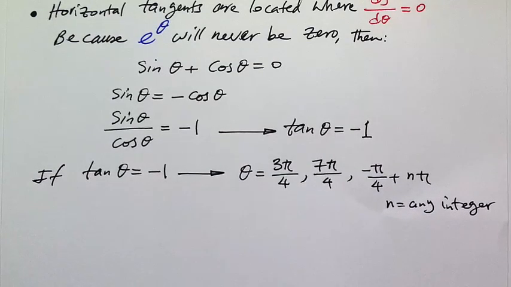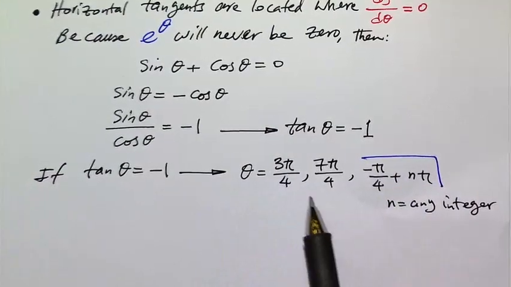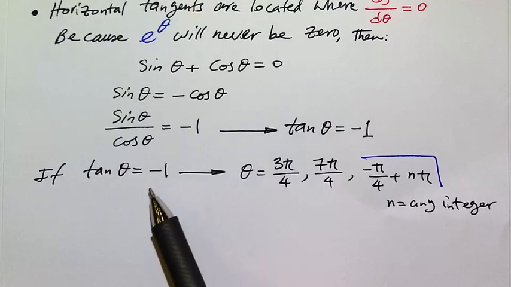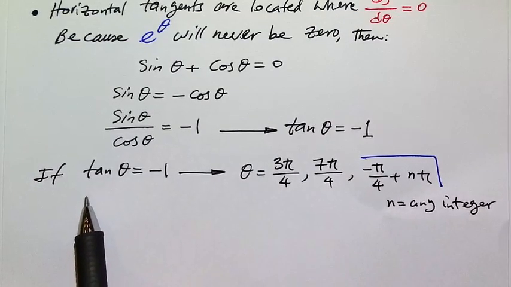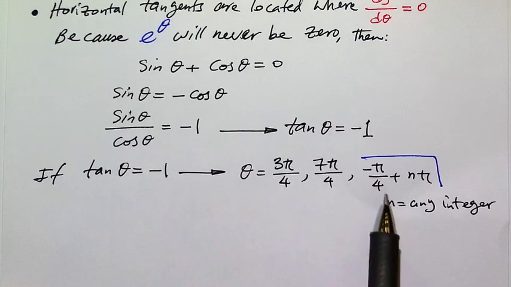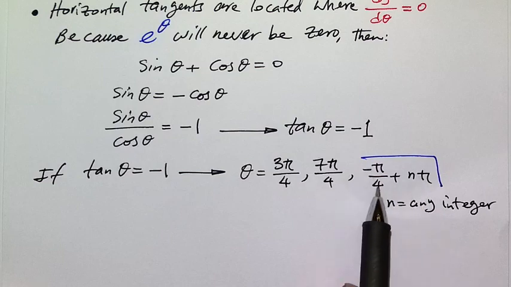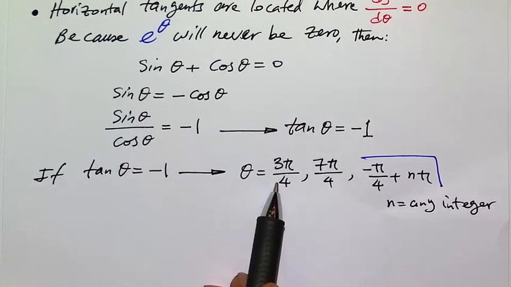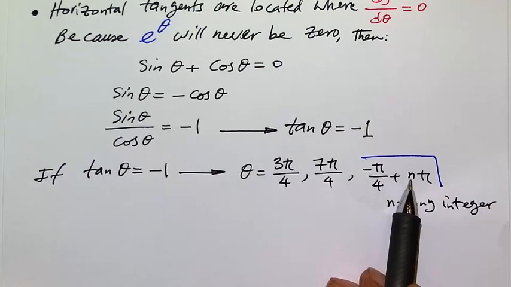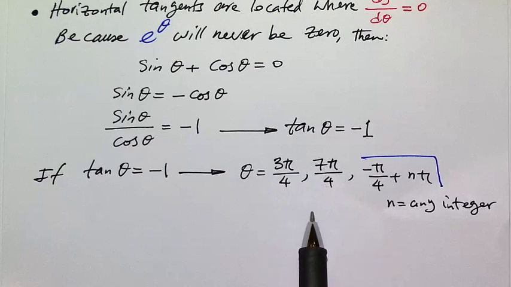So if n equals 1, that would be pi minus pi over 4, which will give us 3 pi over 4. If n equals 2, 2 pi minus pi over 4, that will give us 7 pi over 4.